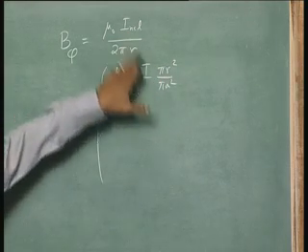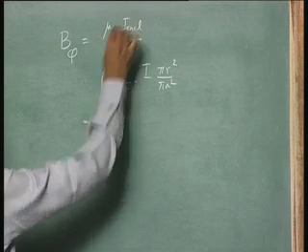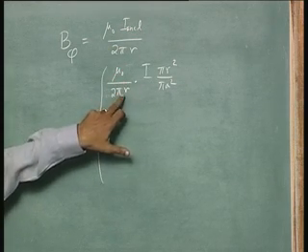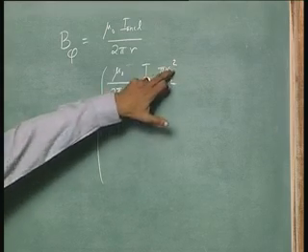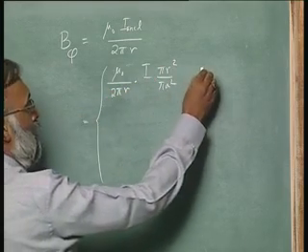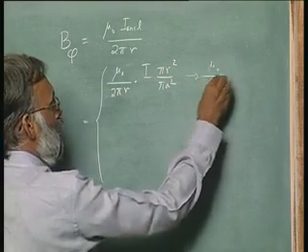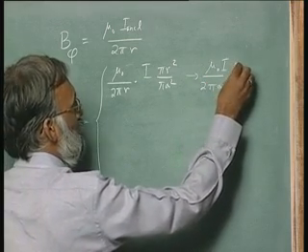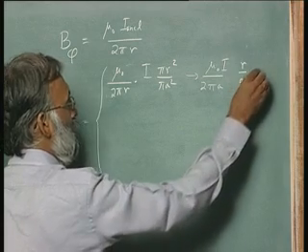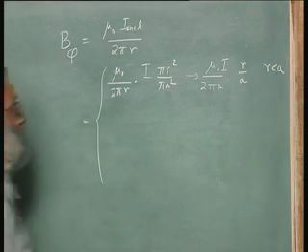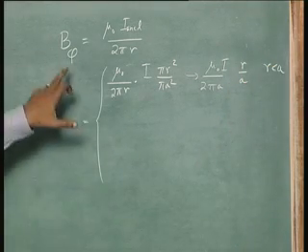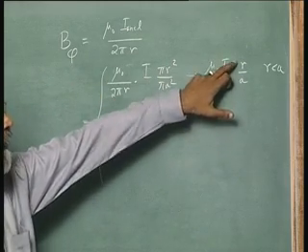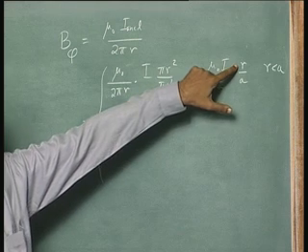This is the current enclosed and this is the mu naught over 2 pi r term. What I will do is I will cancel out 1 r, and so this becomes mu naught over 2 pi a times I times r over a. So, the magnetic field actually grows from 0 to a. It is an increasing function of r.